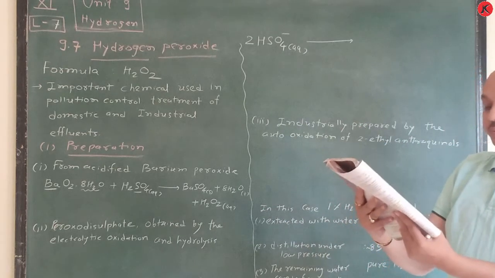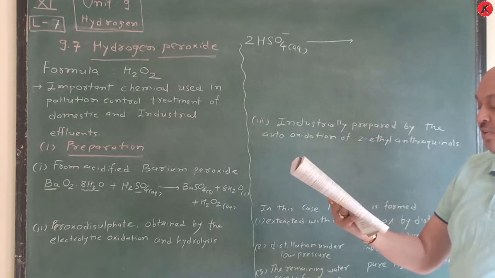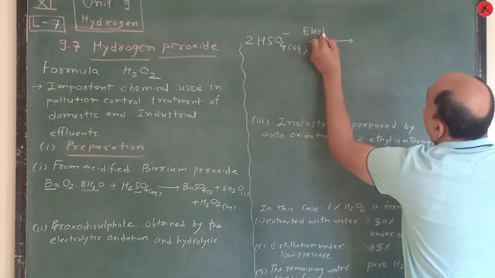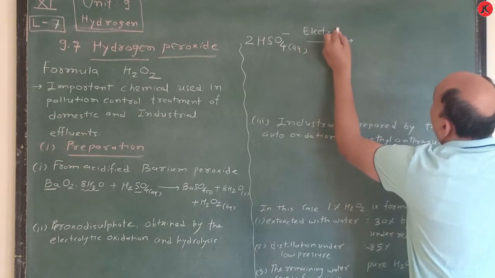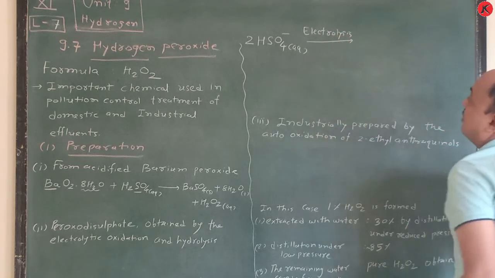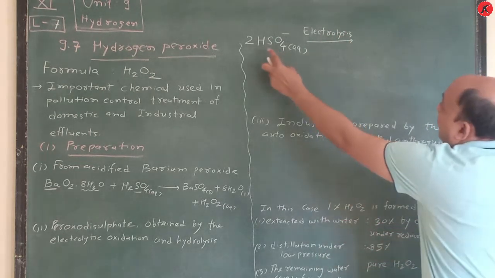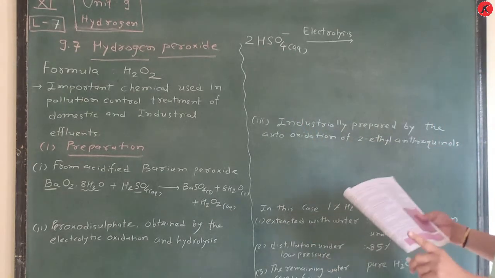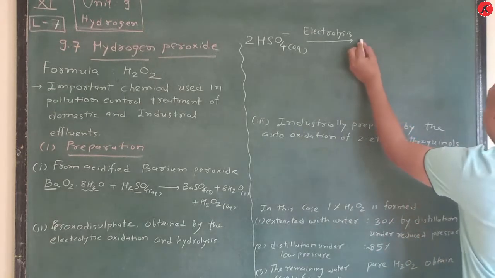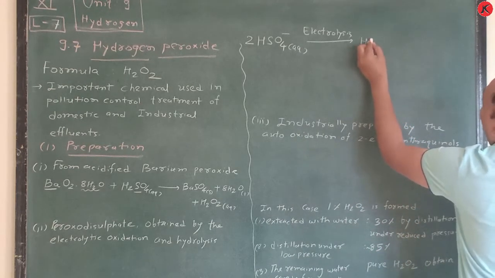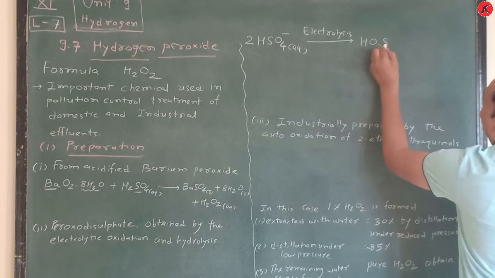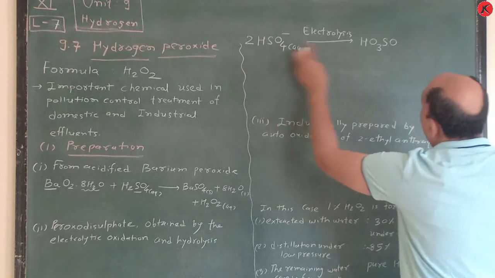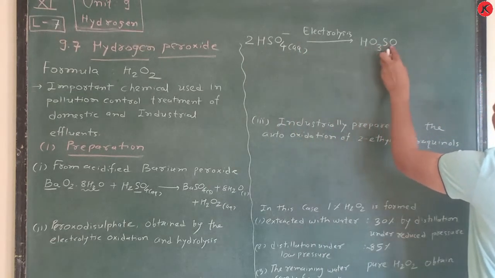So these acidified sulfate solutions undergo electrolysis. Which compound is obtained is very, very important, so write it with me, because there is a change in the structure: HO3S-O-O-SO3H. Each half is HSO4, that is H, S and O4.